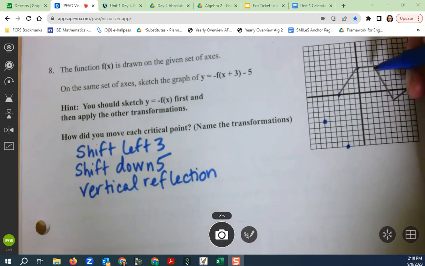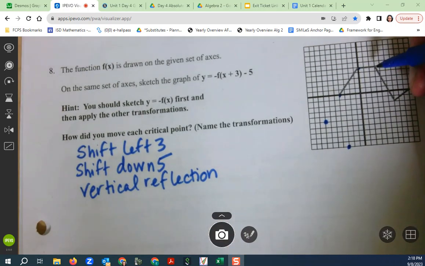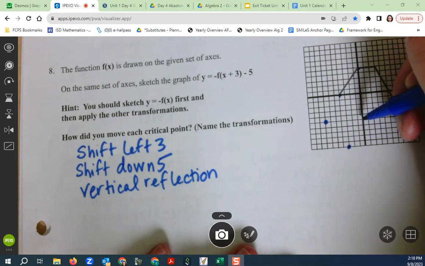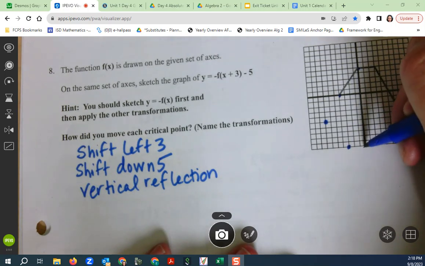So the next one's right here. It's 5 above, so when I reflect it, it will be 5 below. It's 5 below. I go left 3. I think actually it should be here. That's left 3. And then down 5.